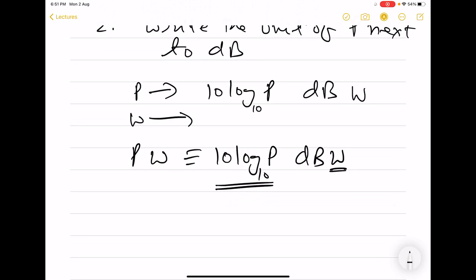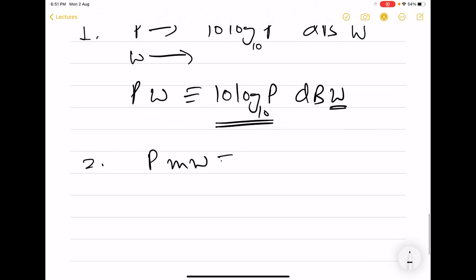Similarly, say for example, if we have P milliwatt, then how do we convert it into dB? We simply take 10 log of P to base 10, of course, dB. So this becomes P number into dB, and since it has unit milliwatt, we write dBmW.